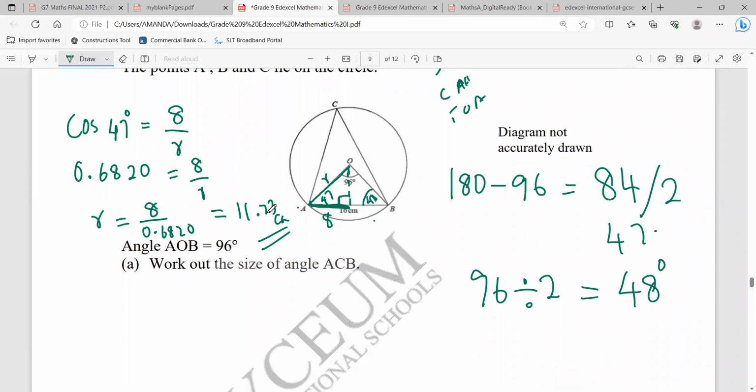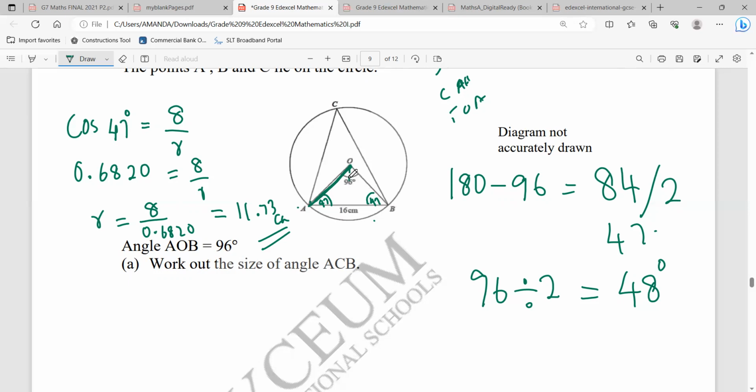I don't know if you need a recap on this. They were asking to find the radius. Since this is an isosceles triangle, this one is 47 and this one also 47, because angles in a triangle add up to 180. So this is 47, 47, and the top one is 96.